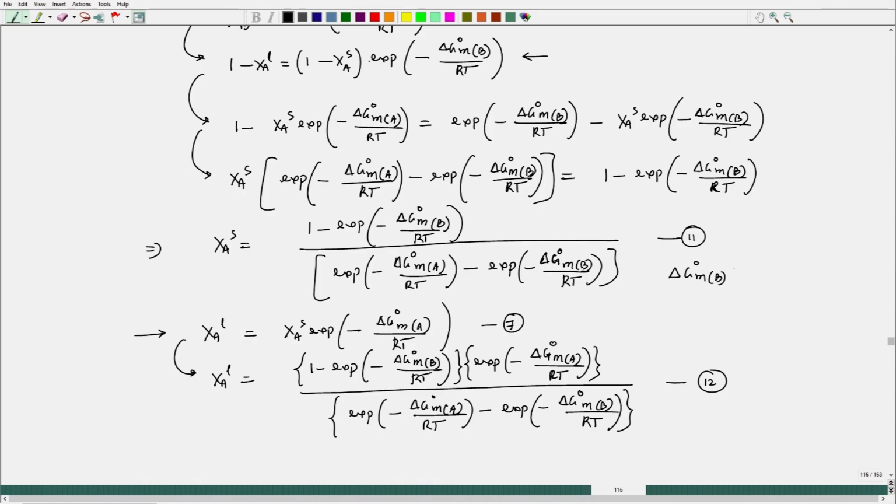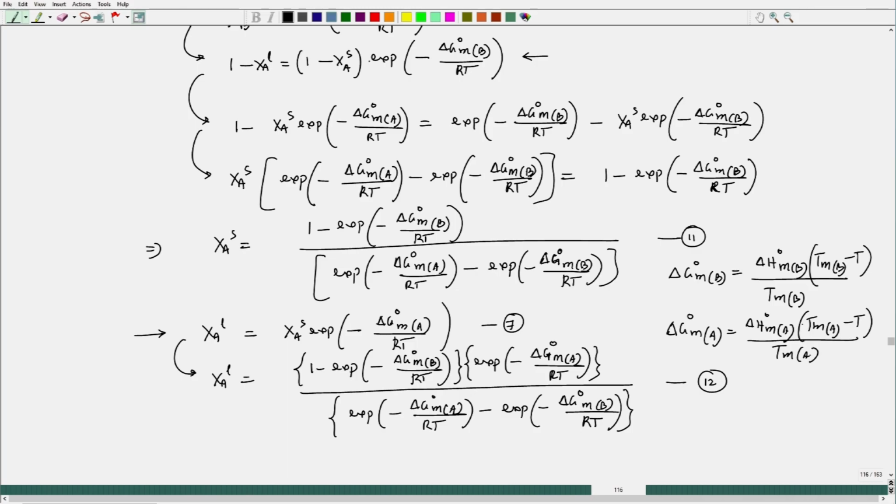Delta G naught M B would be equal to delta H naught M B times Tm B minus T, the temperature where we are finding this, divided by Tm B. And we need another, which is delta G naught M A equal to delta H naught M A times T M A minus T divided by T M A. So all those formulas, if we put them in equations 11 and 12, we get solid solution composition as well as liquid solution composition in terms of A. We can also do it in terms of B.